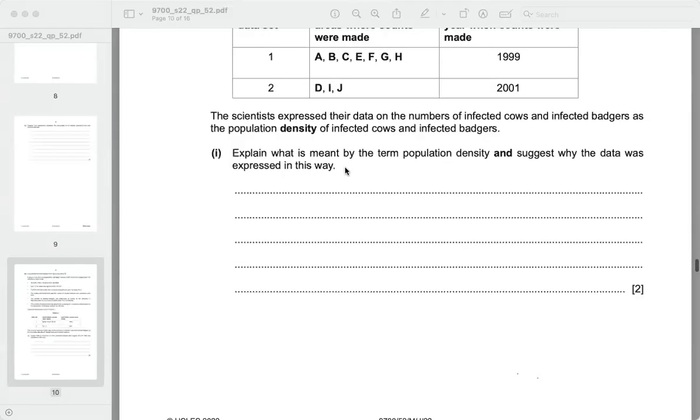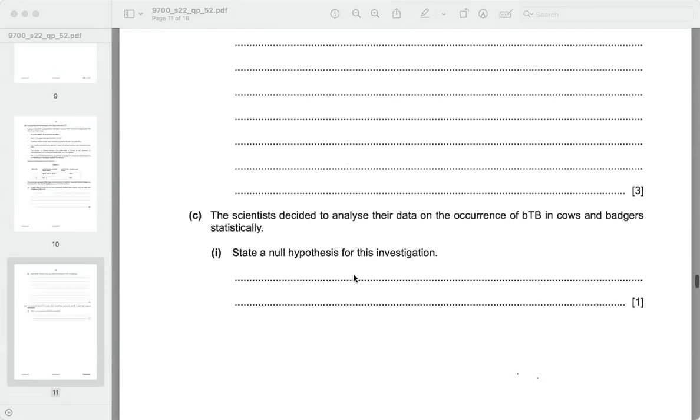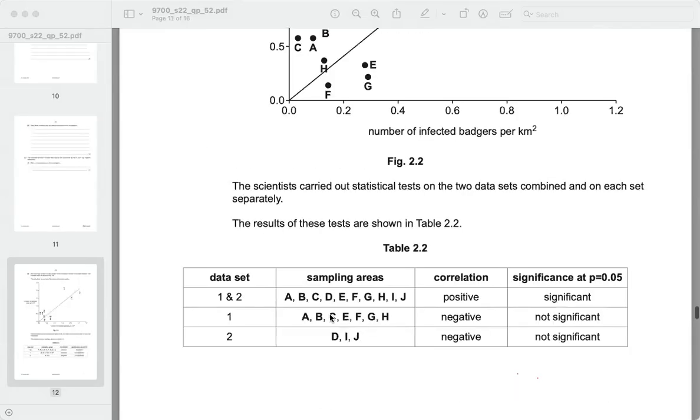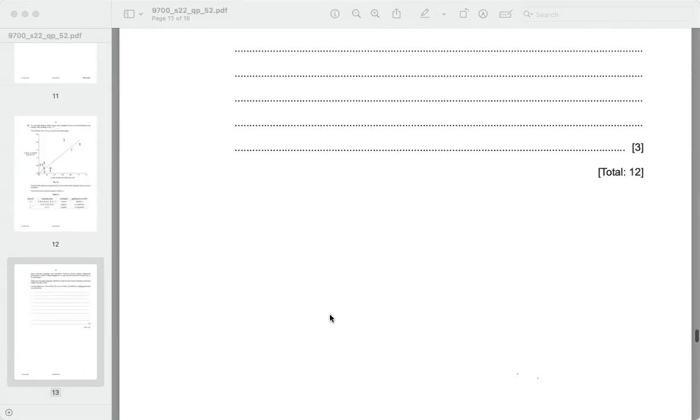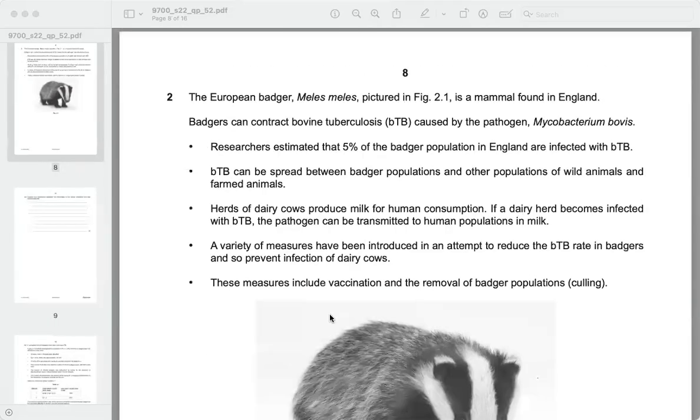And as we go down and down, there's variable, standardized, and we can see a question on null hypothesis right here. And then there's a question on the graph and a little bit of explanation. So it is a 12 marker. It is not that difficult to score in paper 5-2. So when you are giving your AL exam, paper 5-2 is the one which is a scoring paper.